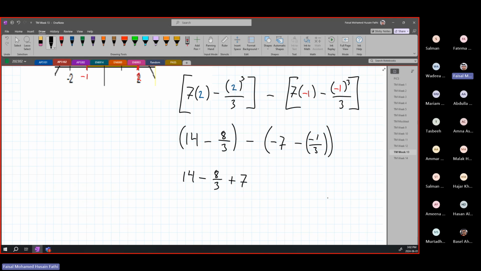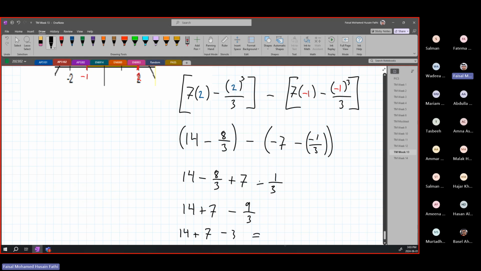Minus and minus becomes plus, and then it becomes minus over 3. So this is going to be 14 plus 7 minus 9 over 3, which is 3. So it's going to be 14 plus 7 minus 3, which is 18. Yes, 18. All right.